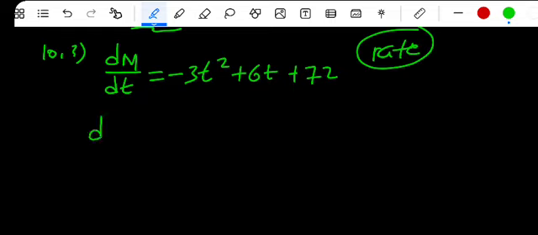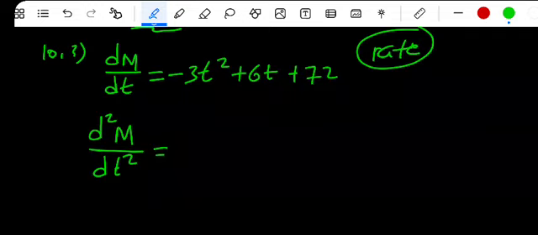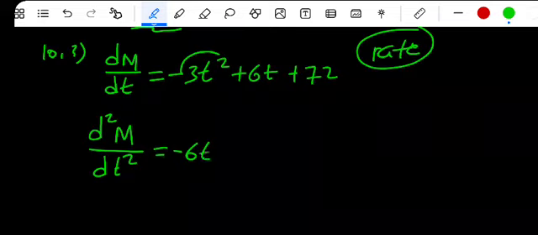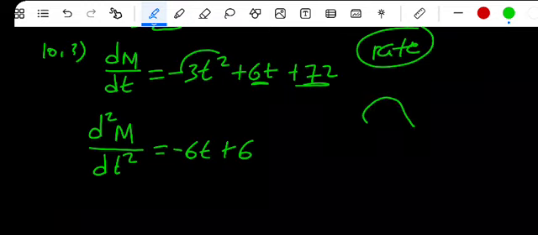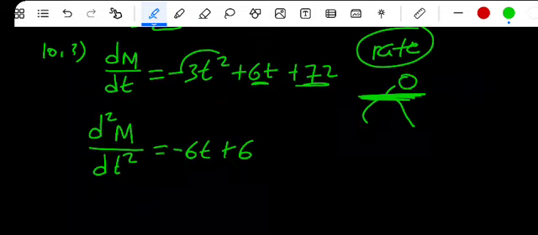So this will be the second derivative of m, because they said we should take the maximum again. You multiply, there will be negative 6t plus 60, and the 72 is simply 0. So remember, since it's a maximum, when you take the derivative you must equate to 0, still applying that law there.